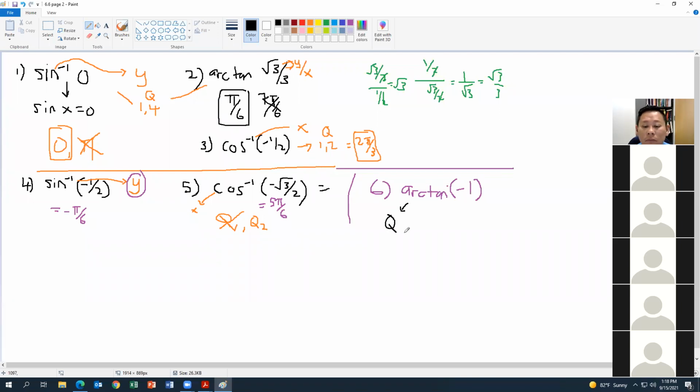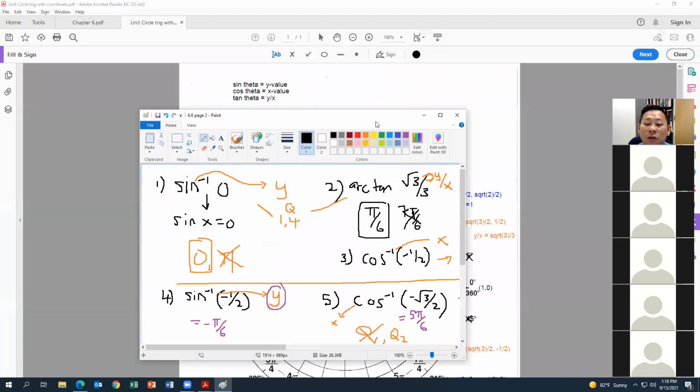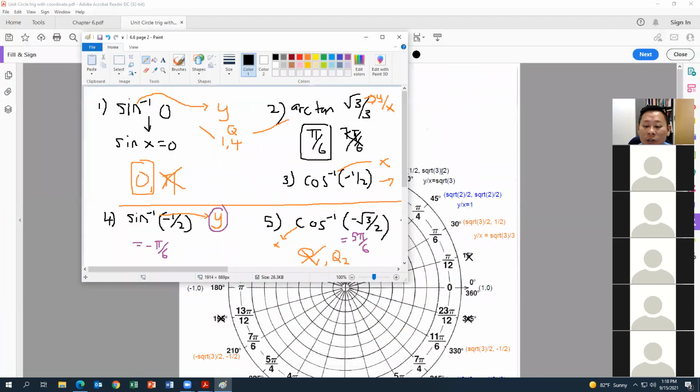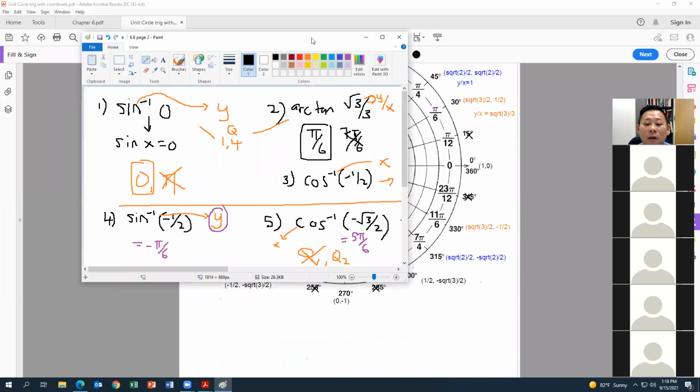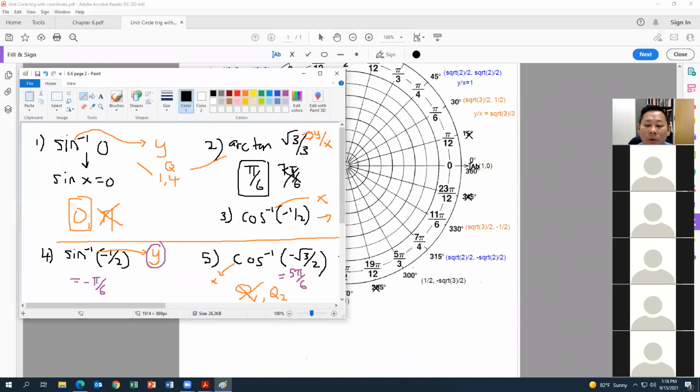Would it be 4? Yep, you're correct, because it should be either 1 or 4, but since it's negative, 4 is correct. Now we just concentrate on quadrant 4 in your unit circle. Which one of these will give us negative 1 when you divide?